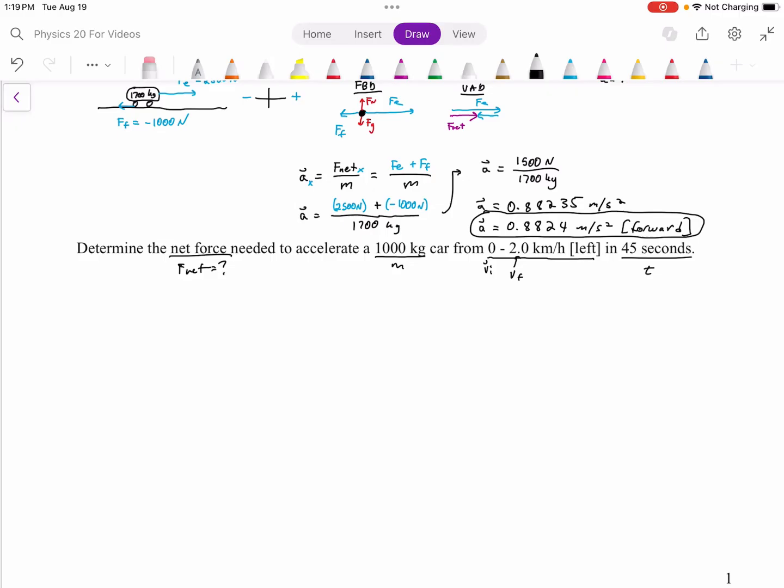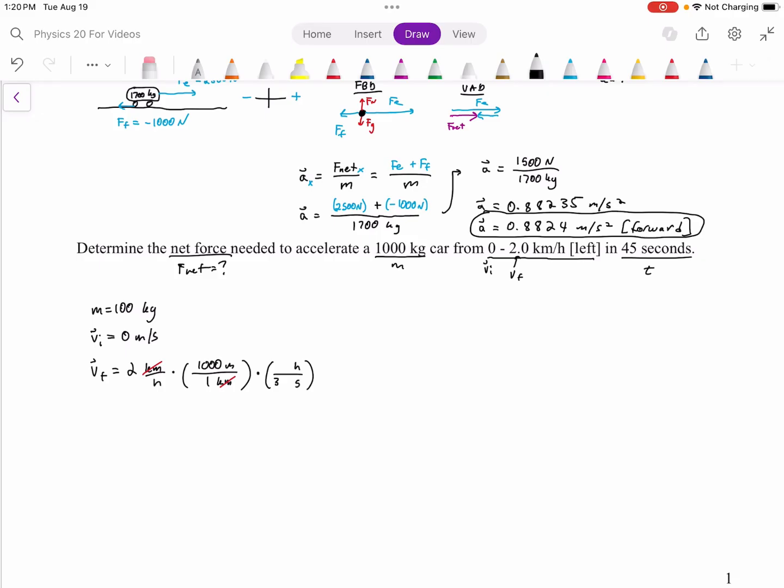So if we list out our givens here, of course, we'll need to convert these kilometers per hour into meters per second. Every kilometer is 1,000 meters. And then we don't want meters per hour, we want meters per just 1 second, so we'll need to divide by 3,600, right?